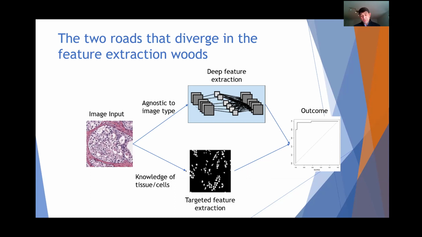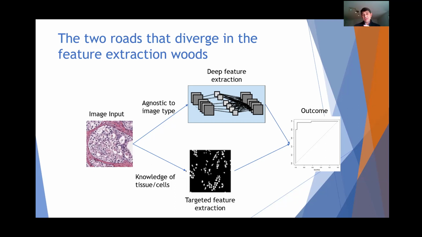The bottom one is where it takes into account the knowledge of the tissue and the cells that you have. That approach uses a means to identify nuclei, which are anchors that are used to identify cells. Then it extracts information about those cells once they have been identified: features of the cell wall, the cytoplasm, and the nucleus.